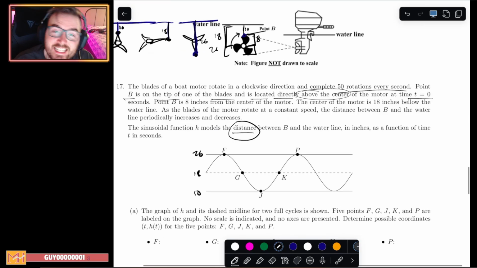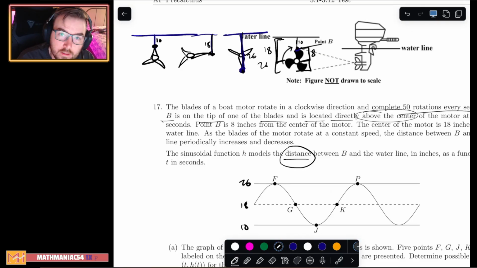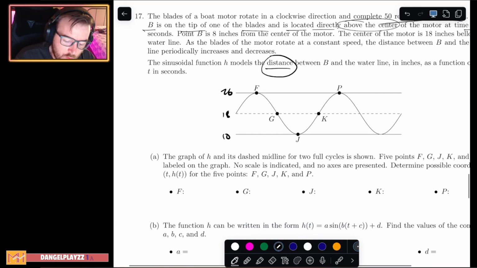So t equals 0 is when B is at the top, which sounds like maximum. But if B is at the top, the distance is at its smallest. So J here is t equals 0.